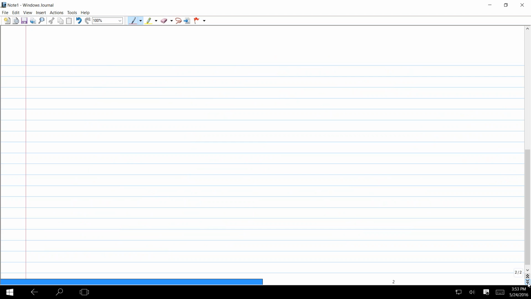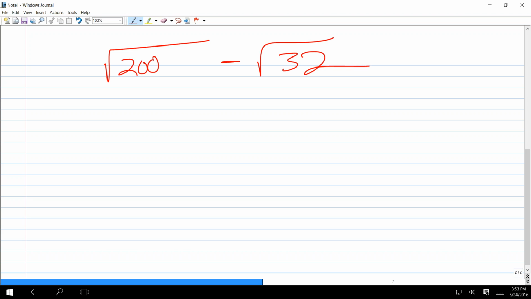So the square root of 200 minus square root of 32. When we're simplifying radicals, we want to factor the number 200, and we want one of those factors to be a perfect square.